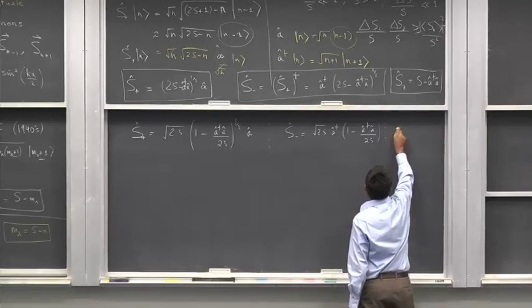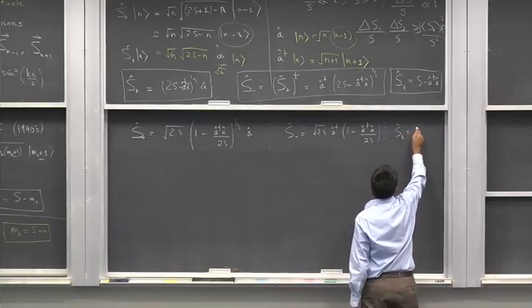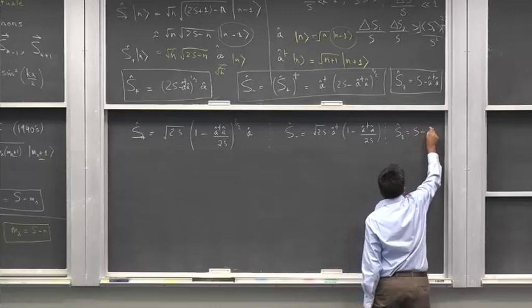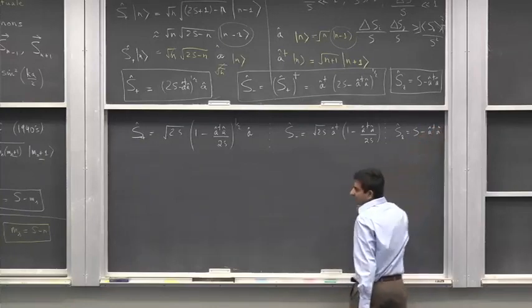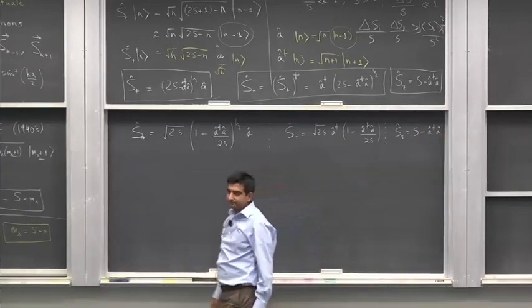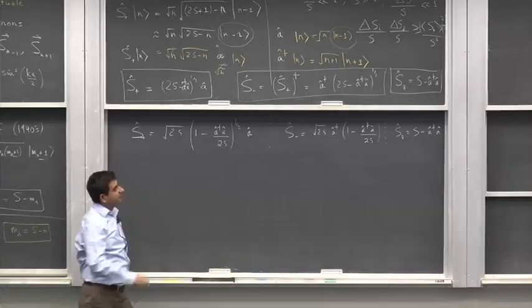And the third one is Sz equals S minus A dagger A. S really means a number times the identity operator.